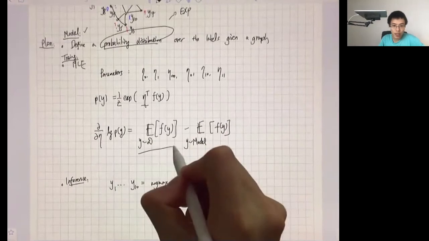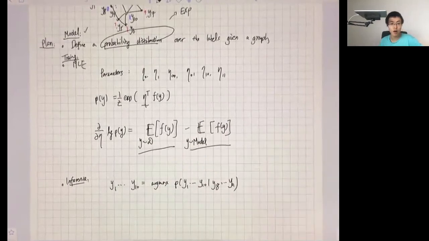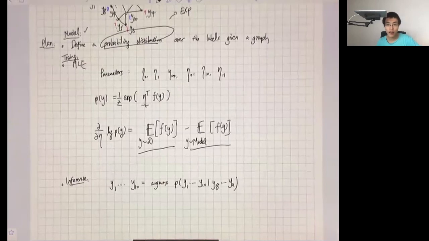So we just count how likely it is in your data and match it with the model expectation.